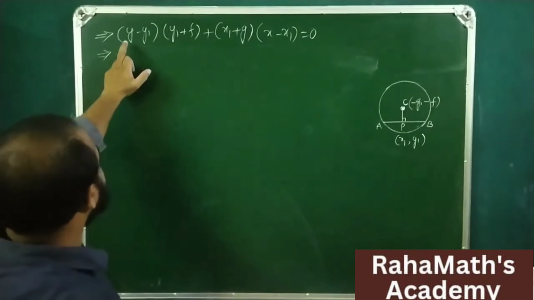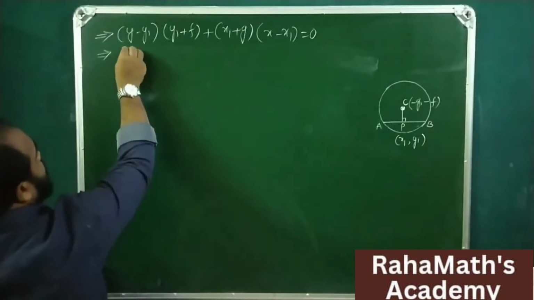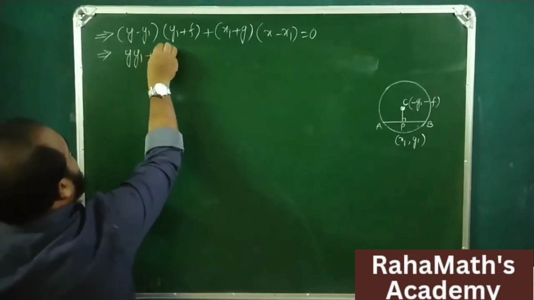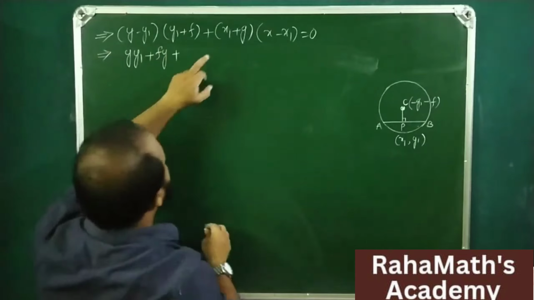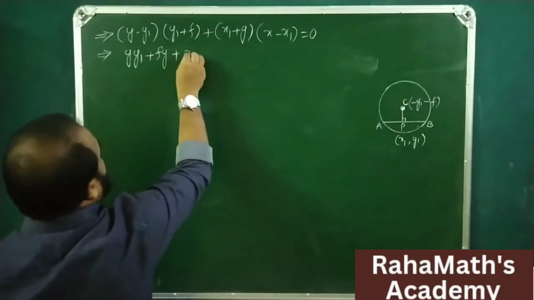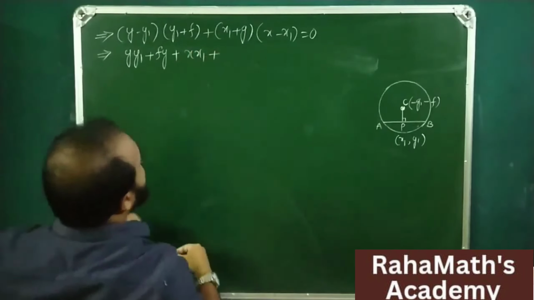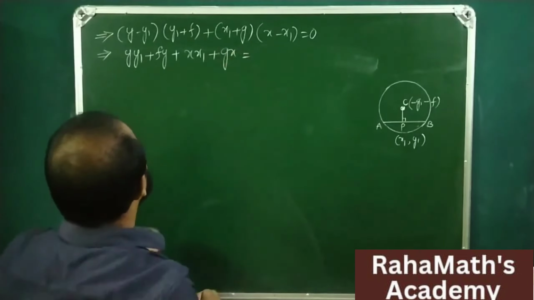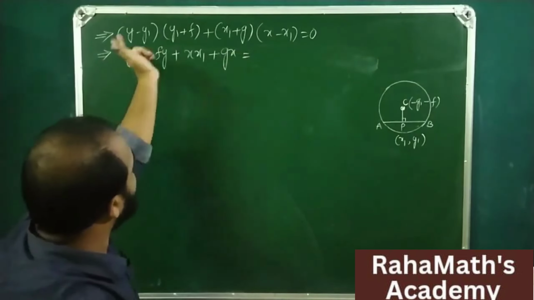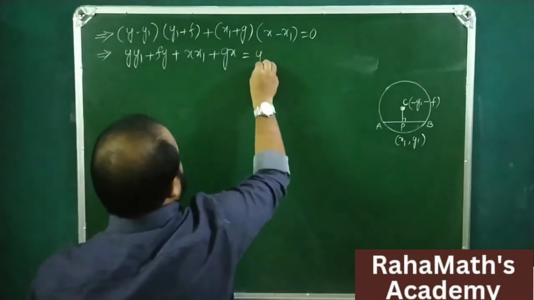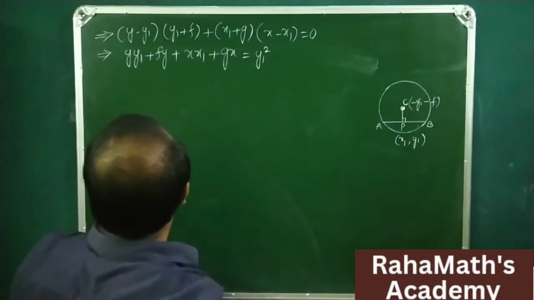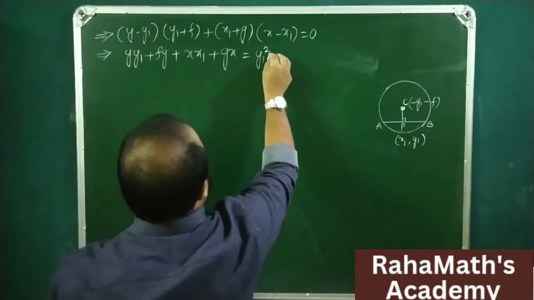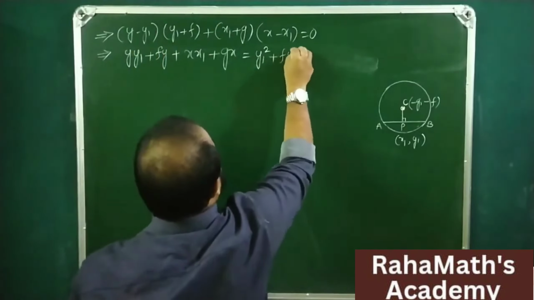So this is y into y1, y into f, fy, plus x1 into x, xx1, plus g into x, gx, is equal to, this is minus y1 square. If you take that side, y1 square. So here minus y1 f, if you bring to that side, fy1.